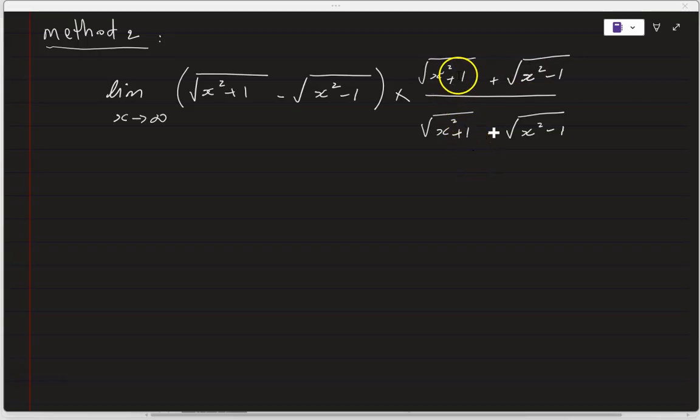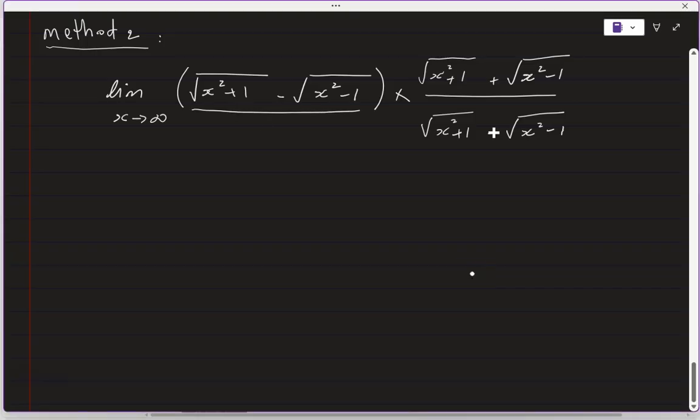So now you have to make sure that you're multiplying it by a fraction with the conjugate on top and the conjugate on the bottom, because this entire thing is actually equal to 1. That's not going to change anything. Now you're going to go ahead and multiply through and do some simplification.